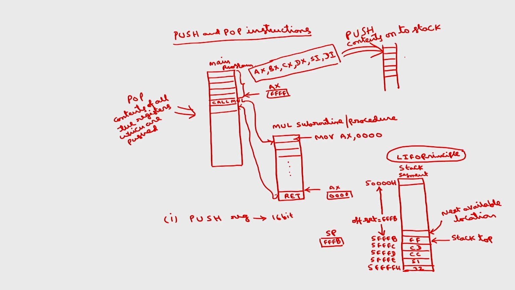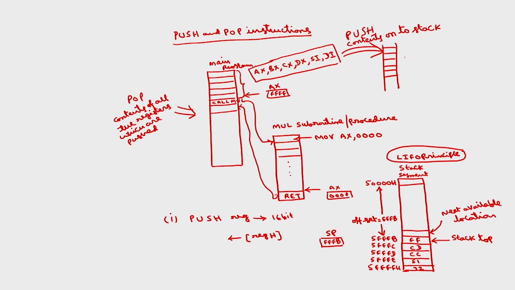The contents of the 16-bit register will be transferred as follows. In this register we can say there is a lower order as well as a higher order. The higher order register, H, will be transferred to the next location.